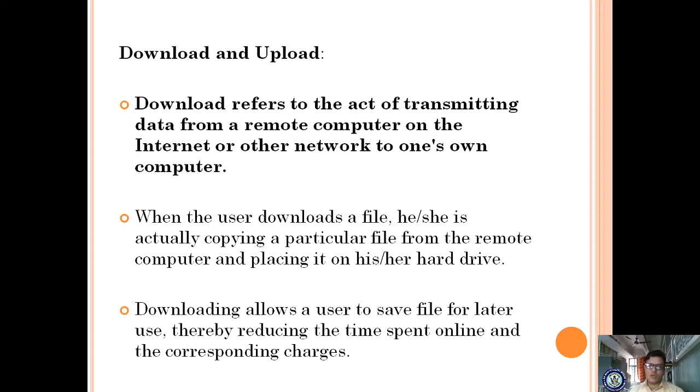Okay, yes. When the user downloads a file, he or she is actually copying a particular file from a remote computer and placing it on his or her own hard drive. So for example, you have written your internal assessment examination, you have scanned it by using a scanner or a scanner app, and by using the mail browser, you have attached those files, right?